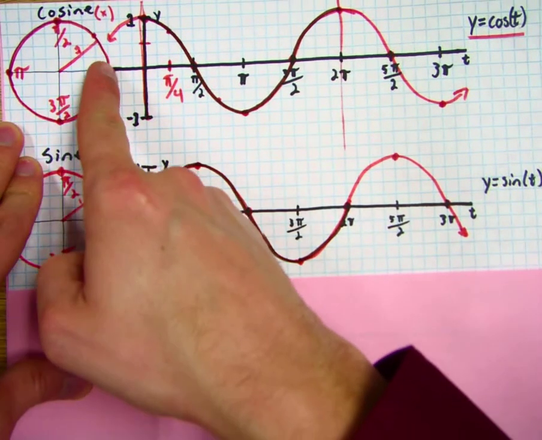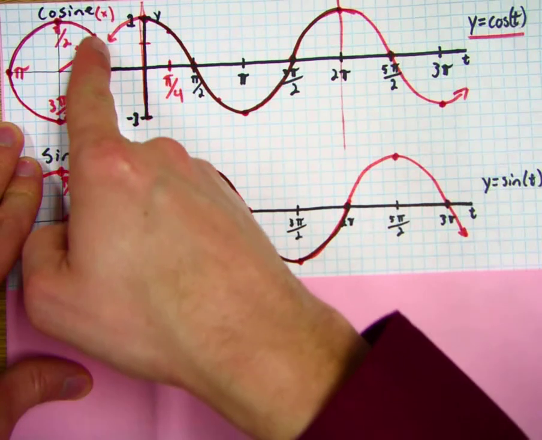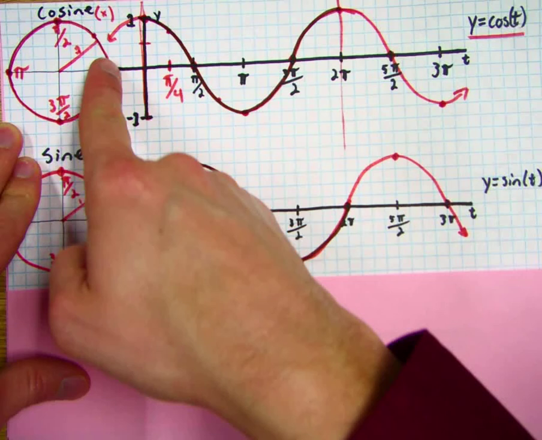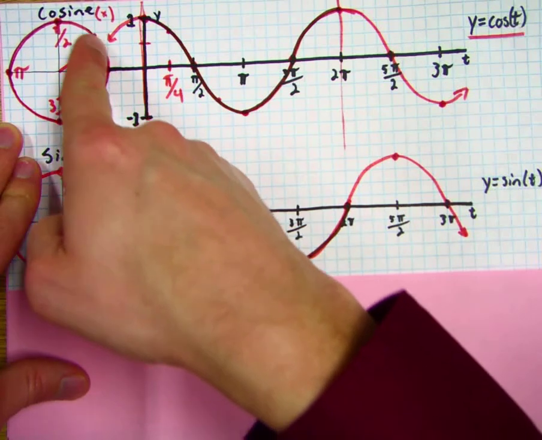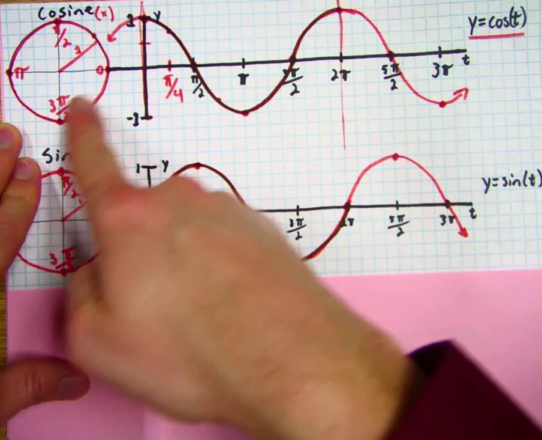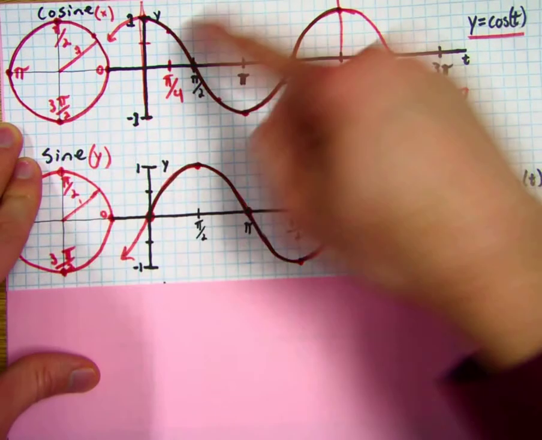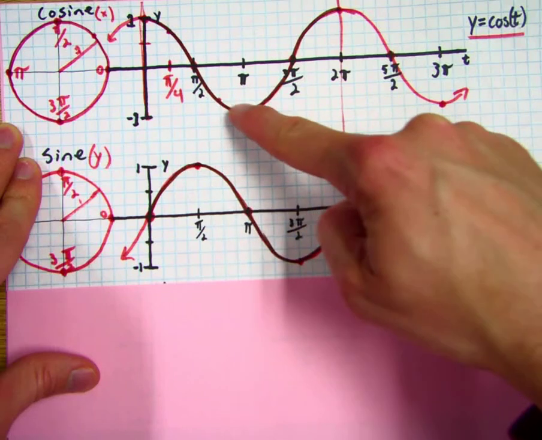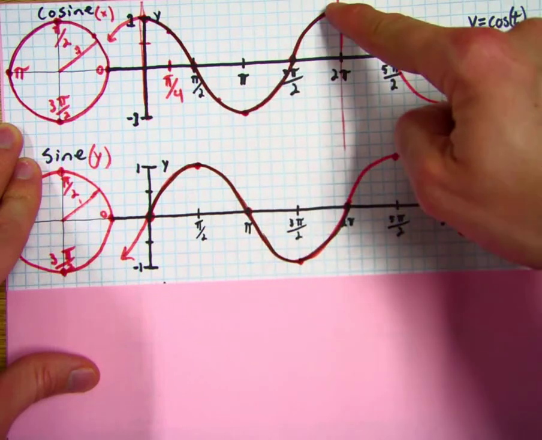As I increase my angle measure, I'm moving left first, and then I'm coming back right. So I start at a very high positive, and then I go lower and lower from there, then I go into the negatives, and then I come back out into the positives. Starting high, going lower, getting into the negatives, coming out of the negatives, and getting back positive again.